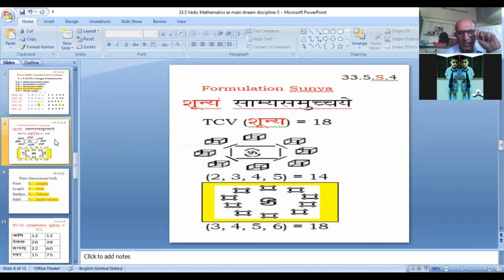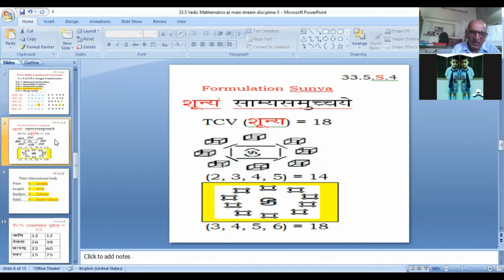Shunya is the concept, shunya is the formulation which occurs for the first time in the text of the 5th Ganita Sutra. Formulation shunya is of TC value 18, and TC value 18 goes parallel with the summation value of the 4-fold manifestation layer of hypercube of 5. 3, 4, 5, and 6 is a 4-fold manifestation layer of hypercube 5 within 4 space.